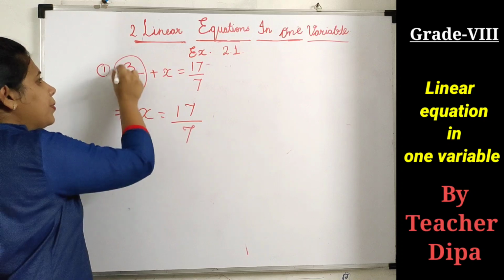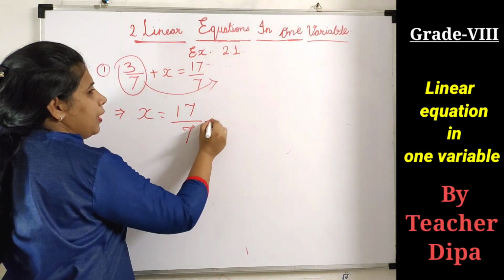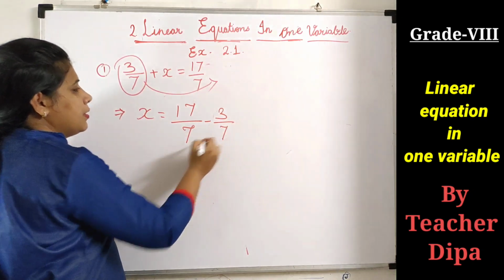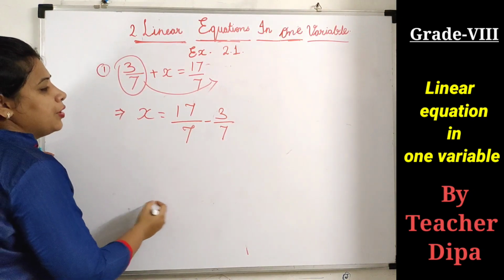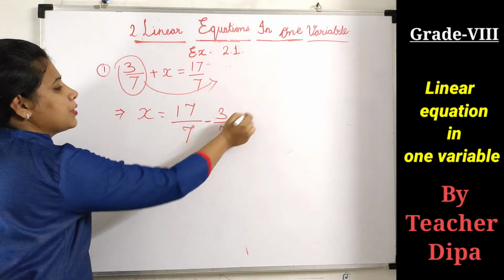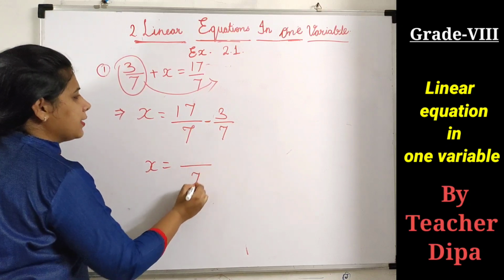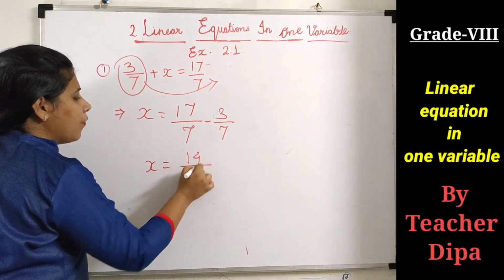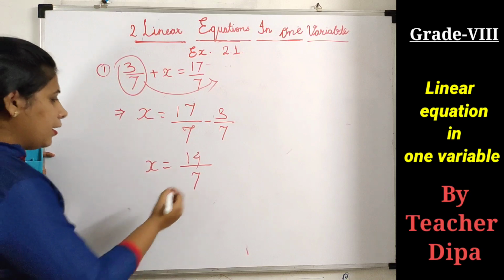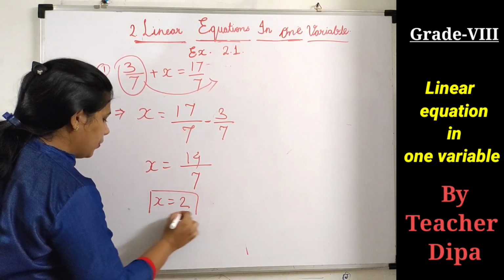Then this number will be shifting to your RHS side and it is becoming minus 3 upon 7. As we know, when the denominators are the same, we just have to subtract the numerators. So the denominator will be as it is and this becomes 14 upon 7. It means what? The x's value is 2.